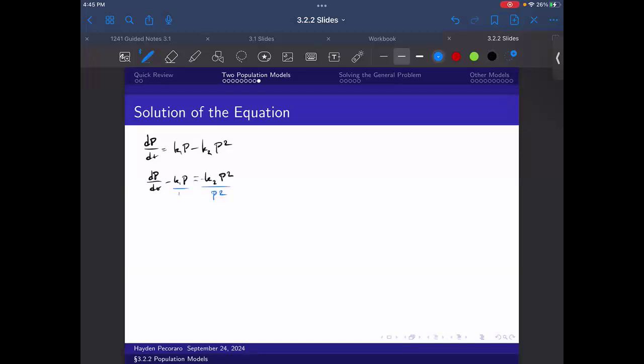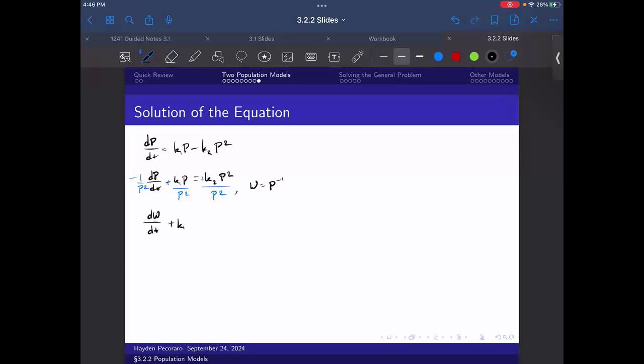Divide by p squared, and multiply by -1. And let's say W equals p to the -1. So that'll be our substitution for Bernoulli, and we'll end up with this equation.